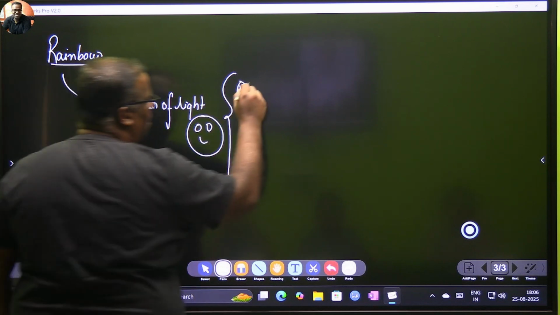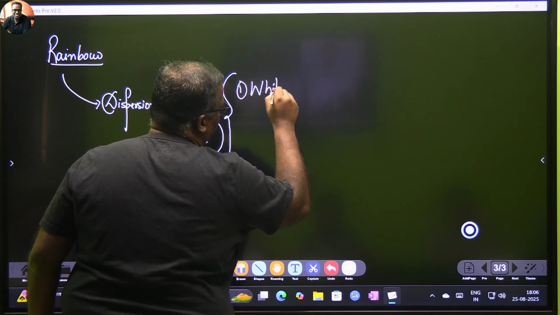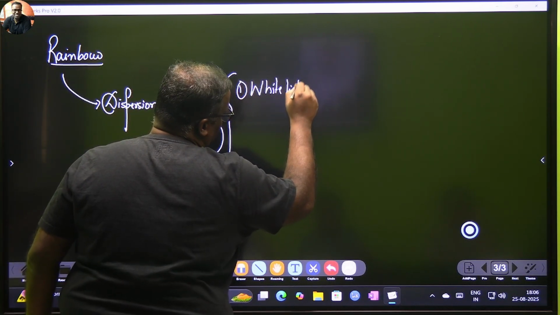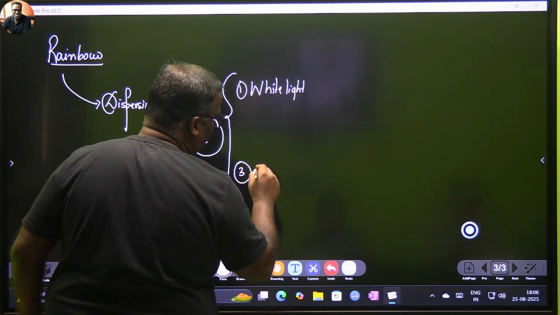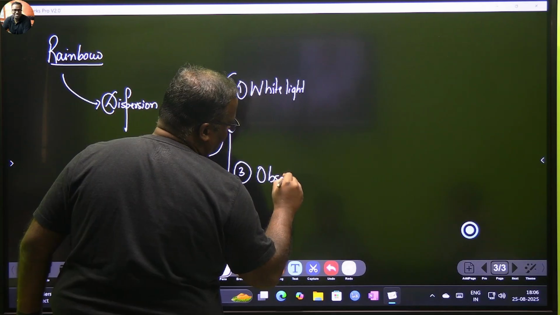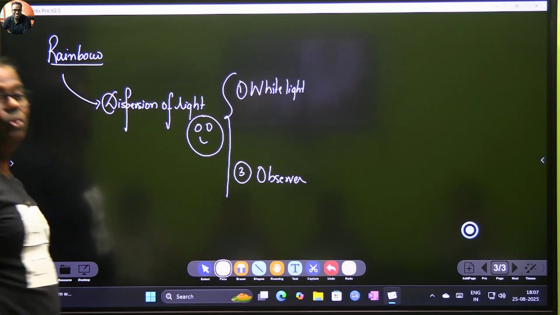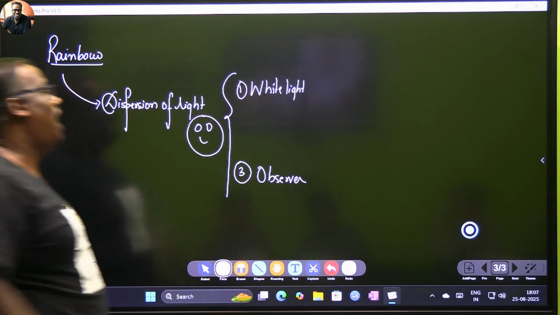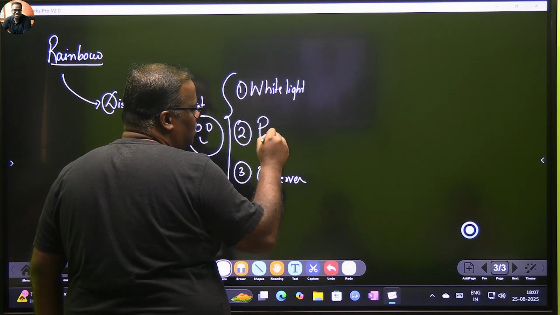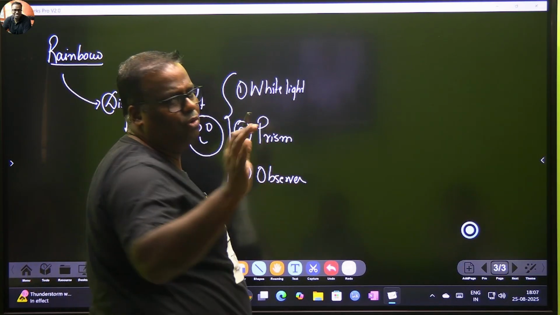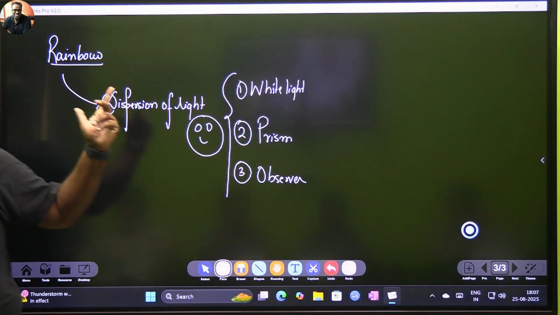Number 1, you need white light, otherwise how is dispersion happening? Then number 3, I'm writing, obviously if it's a rainbow, I would need an observer also, otherwise who gets to see the rainbow? And one of the most important objects would be that I need a prism also, otherwise how will that splitting happen?